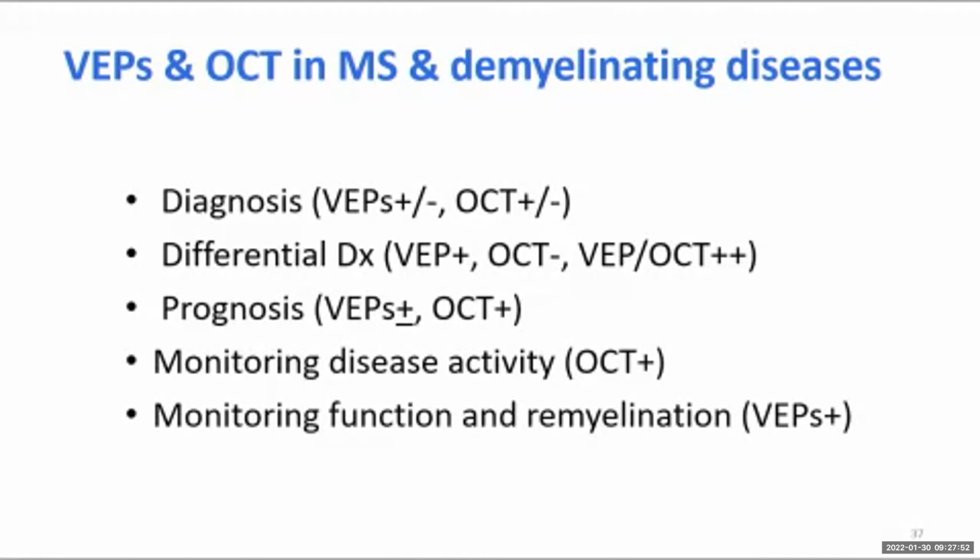So we may conclude that both VEP and OCT can help in the diagnosis, mostly in the differential diagnosis, especially between MS and NMOSD, have some prognostic indication, especially in MS, and can help monitoring disease activity, mainly OCT, with neurodegeneration that occurs even without optic neuritis, and remyelination, and for this, the best candidates are VEPs. And with this, I thank you very much for your attention.